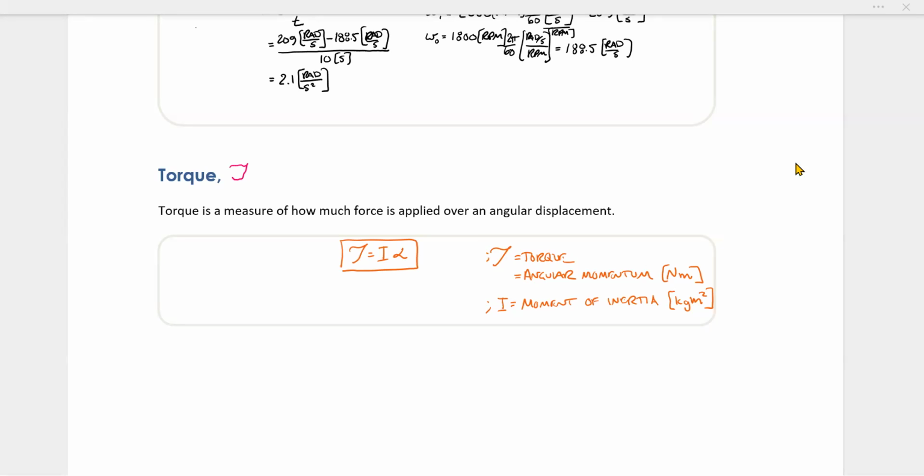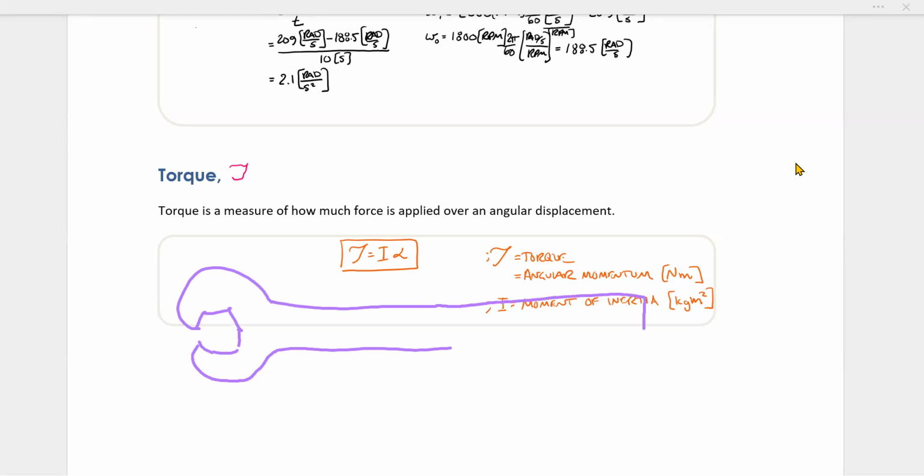So let's think about the wrench example, because that's a classic example of torque. Here's a wrench, it's sitting around a bolt and it has a handle. This is the point of rotation of this bolt. And in here, I can show that this bolt is going to displace an angle.